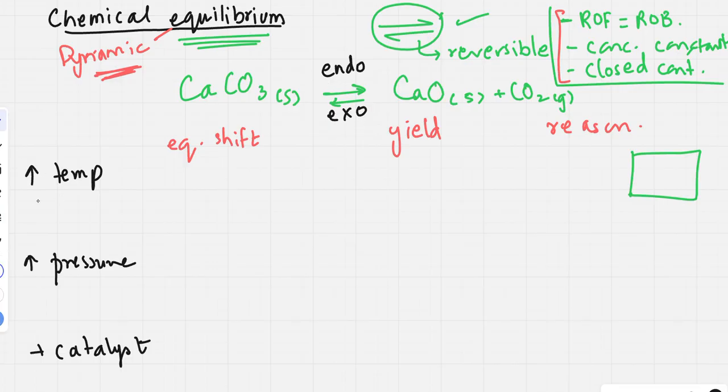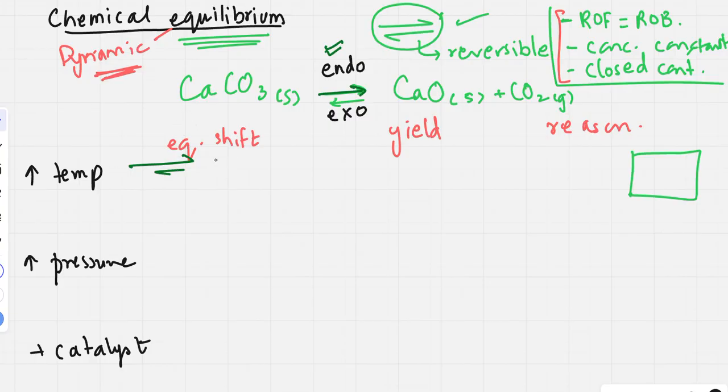If I increase the temperature, the endothermic reaction will obviously be favored more. That means the reaction will go forward more and backward less, so it would look something like this. The reversible reaction is there, but the forward is happening more.